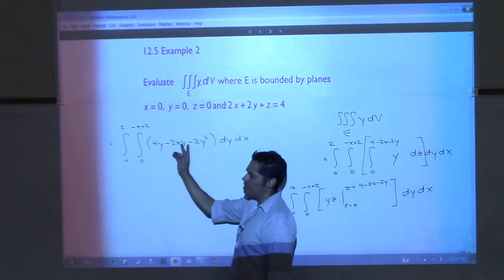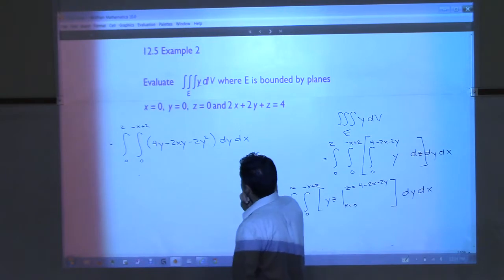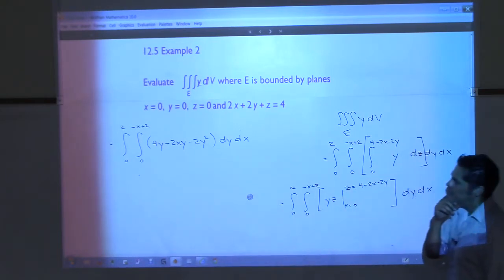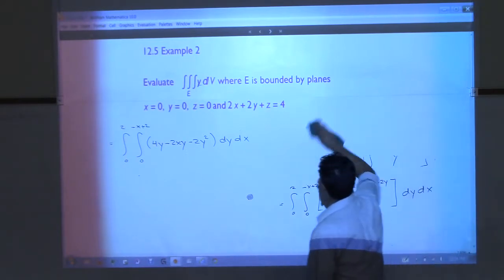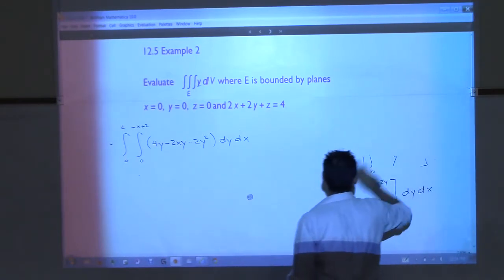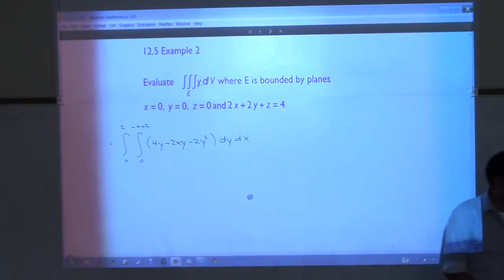But I think that would be more work, writing down a lot more integral signs. It just seems like too much work to me to do anything other than integrate that with respect to y right now. It'd just be a long process. Whatever floats your boat. Okay, I'm not going to continue this one.